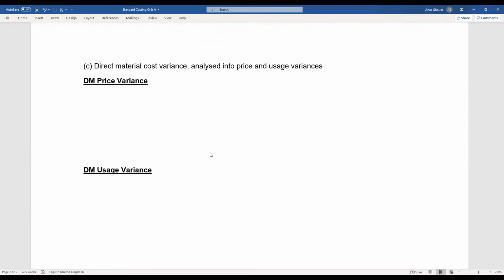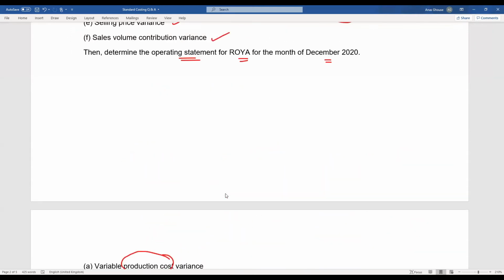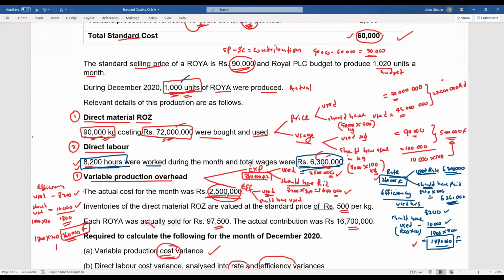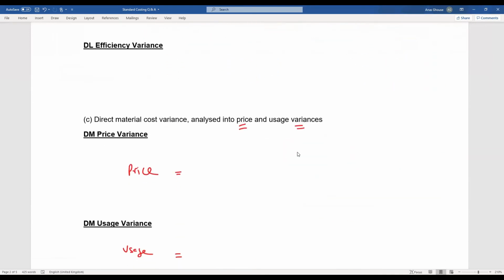Now the direct material cost variance, split into price and usage variance. We calculated both already. The direct material price variance was 27 million, and usage was 5 million.